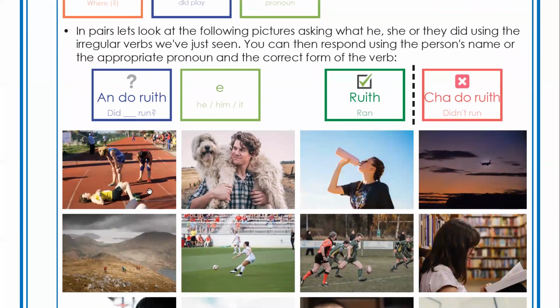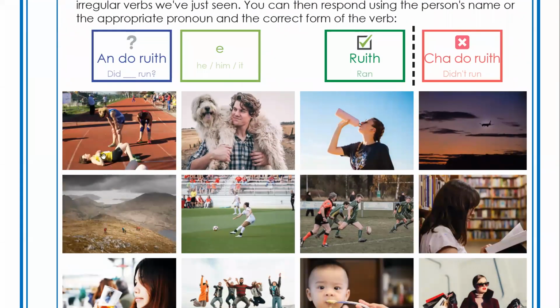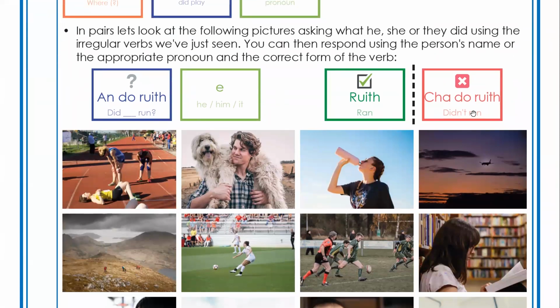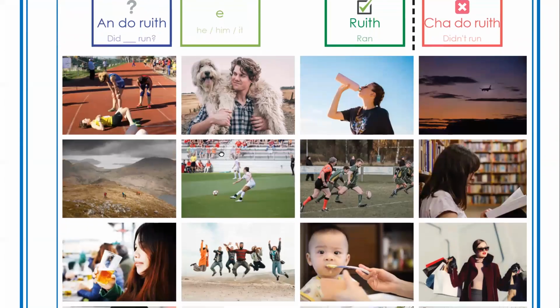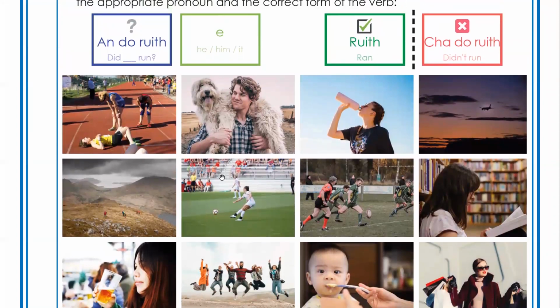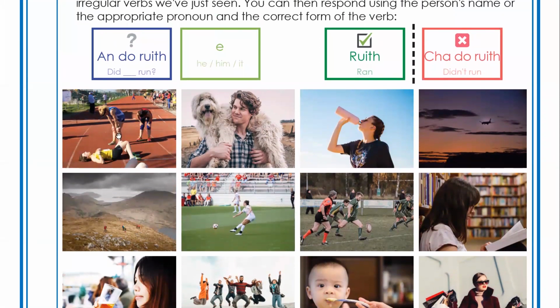So in these pictures, we can just ask using verbs and give an answer. If you're using this lesson in a class or with a partner, you can do that exercise between you. Otherwise, I'll ask the question and then try and answer yourself before I give you a response.